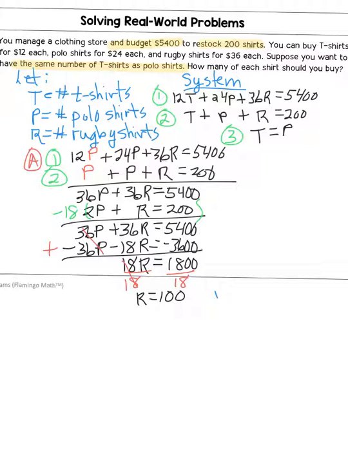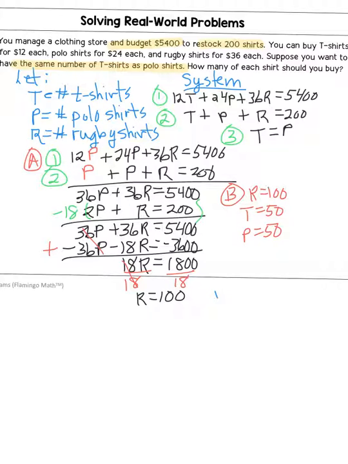So if R is equal to 100, let's just reason our way through the solution. If R is 100 and T is equal to P, and we're only ordering 200 shirts, that leaves 100 shirts left over that get split between T and P. So T would have to be 50 and P would have to be 50.